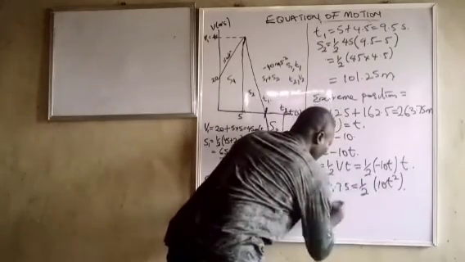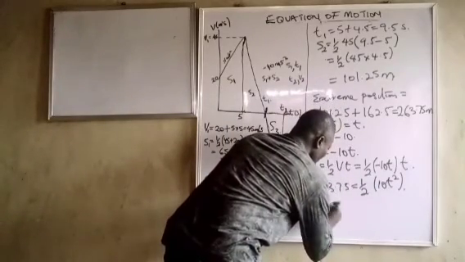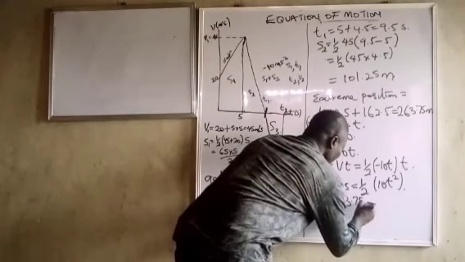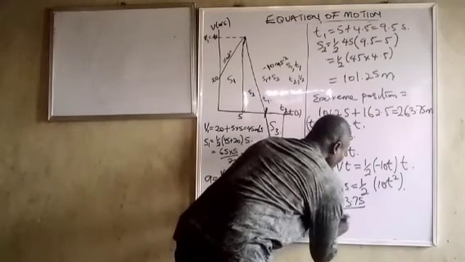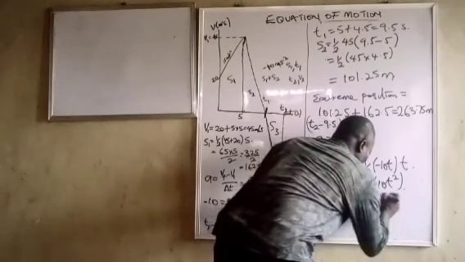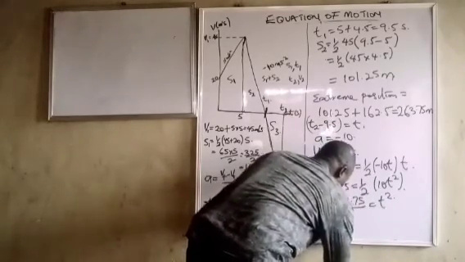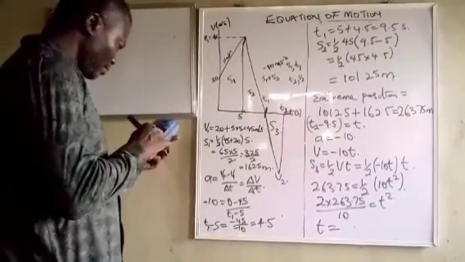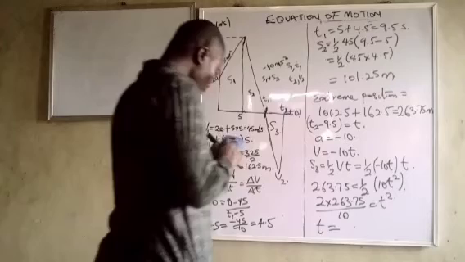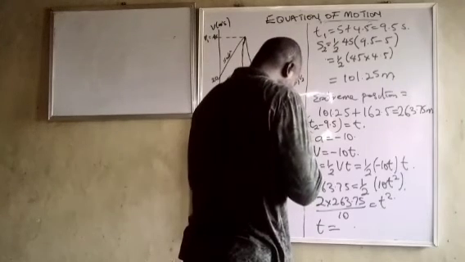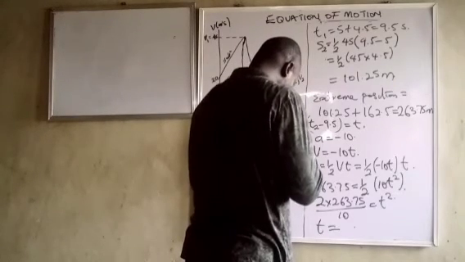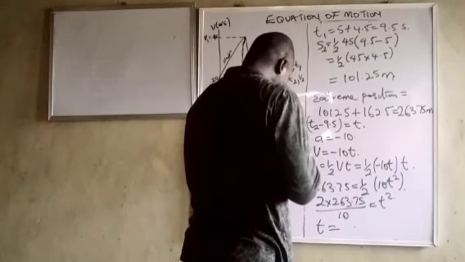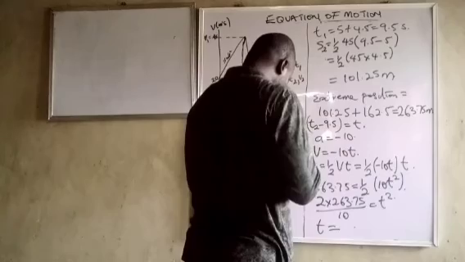So I have 2 times 263.75 over 10 equals T squared. So T will be equal to the square root of 2 times 263.75 divided by 10.